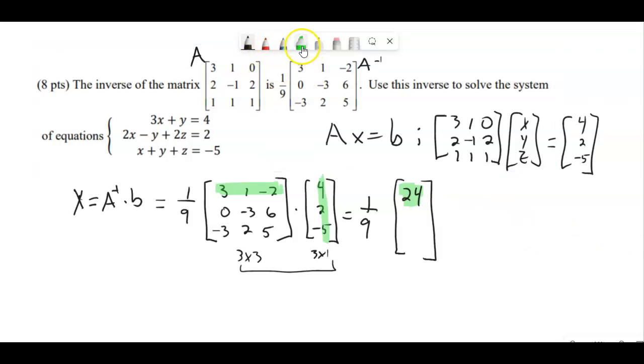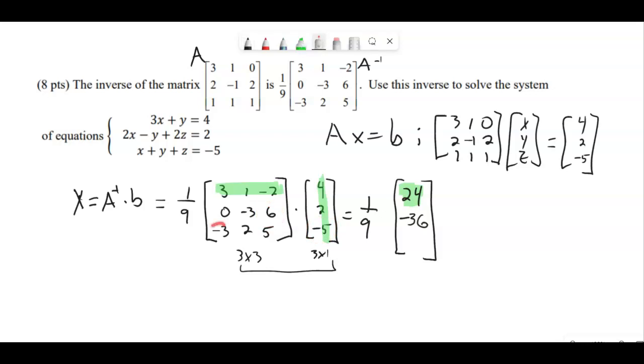Okay, the second position. Again, the first times the first is 0, plus the second times the second, -6, 0 minus 6, -6, plus the third times the third, -30. -6 minus 30 is -36.